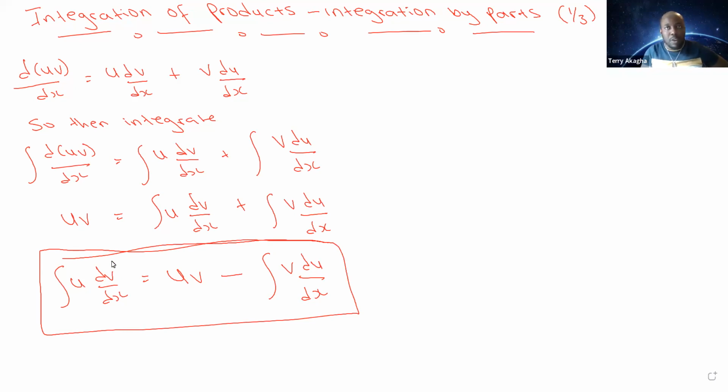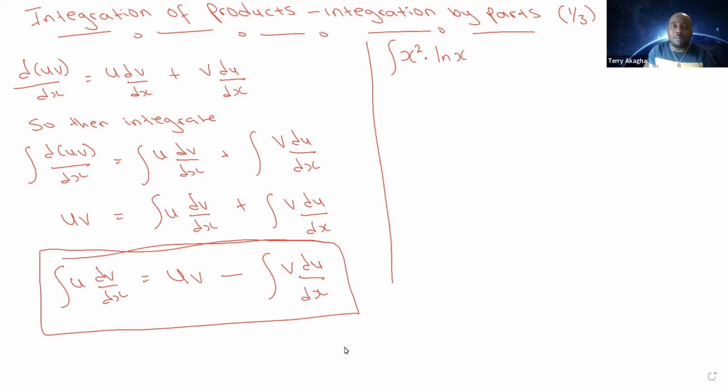So that means if you have any two products, one of the products is going to be the U, and another is going to be the V. For instance, let's say we're integrating x squared and ln x. One of these is going to be the U, and the other is going to be the dv.